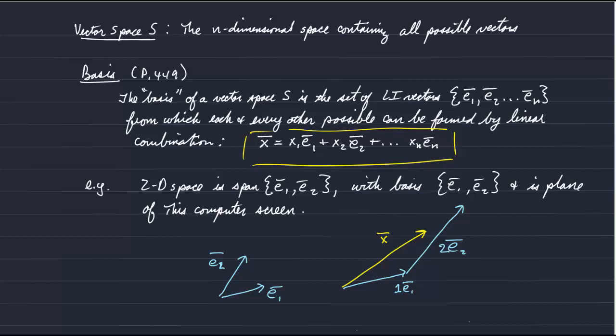I didn't draw my x vector long enough. But that would be an example of a vector that is formed by a linear combination of these base vectors, and any vector in the plane of this computer screen can be formed by a similar linear combination.